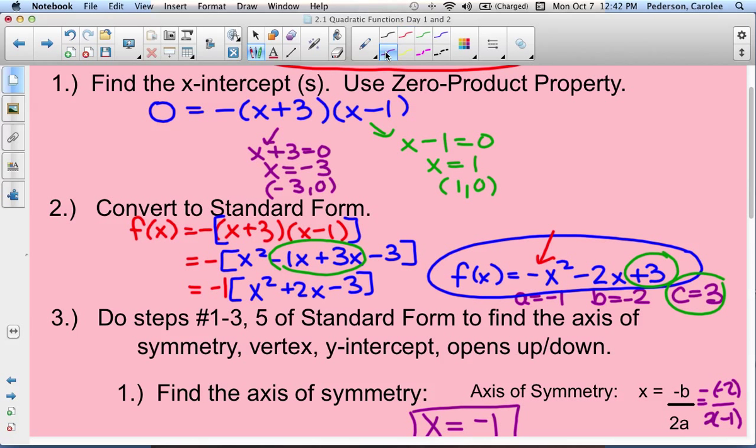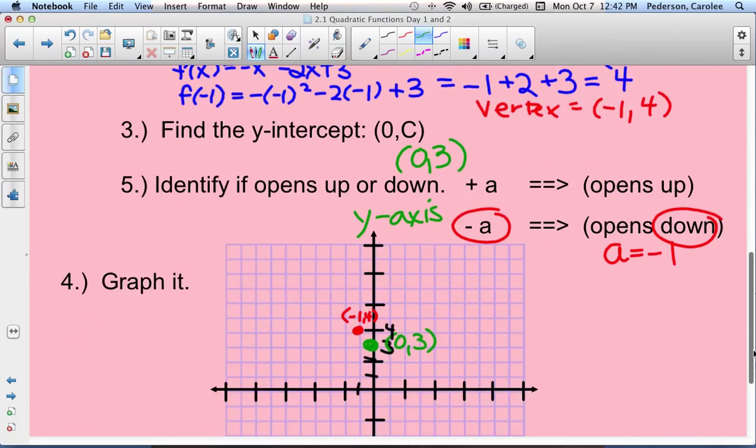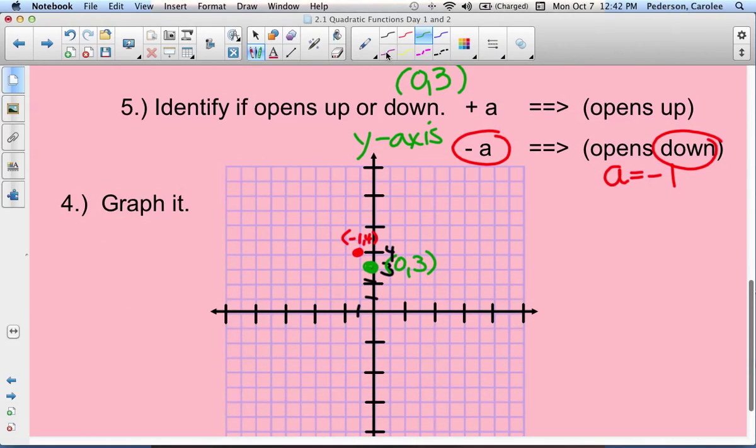And then here in step 1, our other x-intercepts are negative 3, 0 and 1, 0. Here's negative 3, here's positive 1.